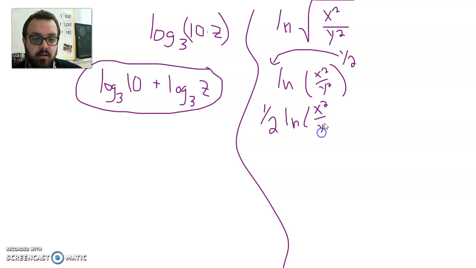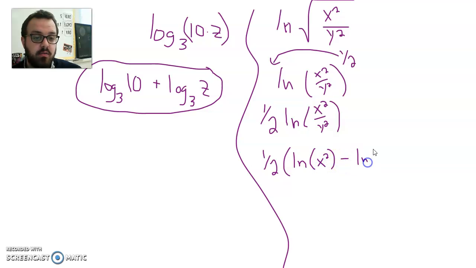Another property that we know is that if we see division, that's the same thing as subtracting two logs with those insides. So we're going to rewrite this as 1/2 times the quantity of the natural log of x squared minus the natural log of y squared.